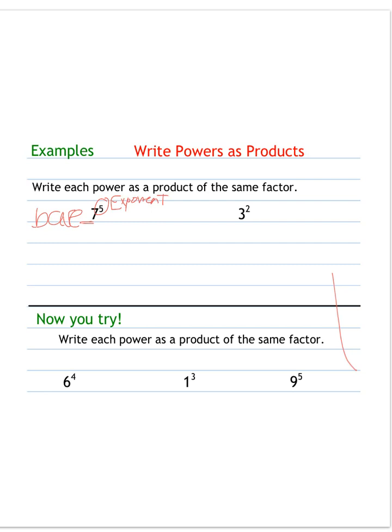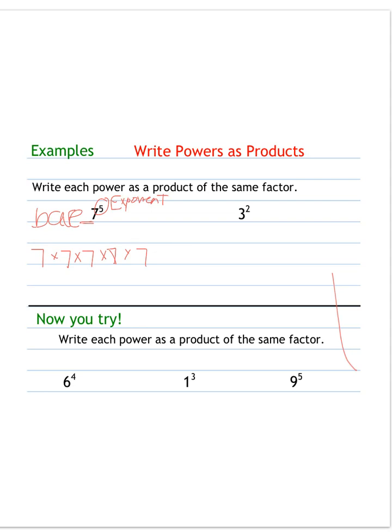Okay, so this is saying that we are taking 7 and we are multiplying it by itself 5 times. So to write this as a product of the same factor, we would take 7 times 7 times 7 times 7 times 7. Okay, so we're taking 7, multiplying it by itself 5 times.